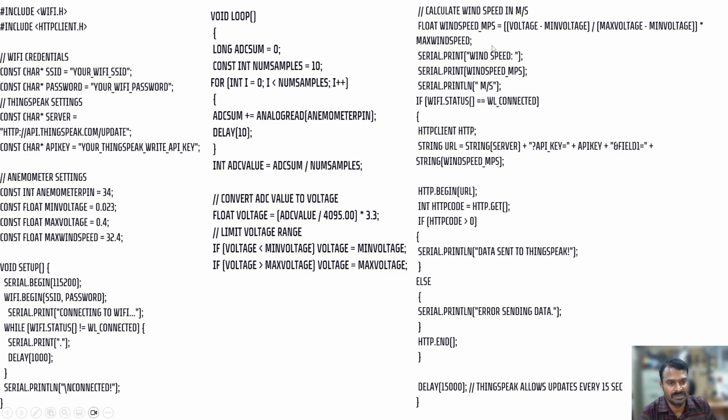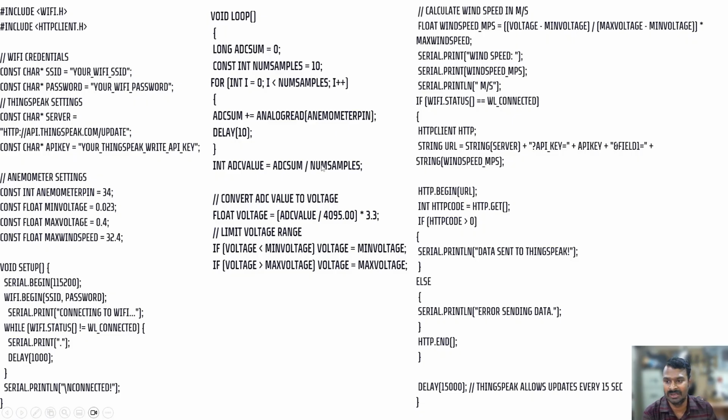in meters per second. Once we get the data, we need to upload it to the ThingSpeak server here. Also, we are going to print it in the serial monitor. So this is for the serial monitor, and this line is meant for uploading the wind speed to the ThingSpeak server. And that's it about the program. It is a very simple program.